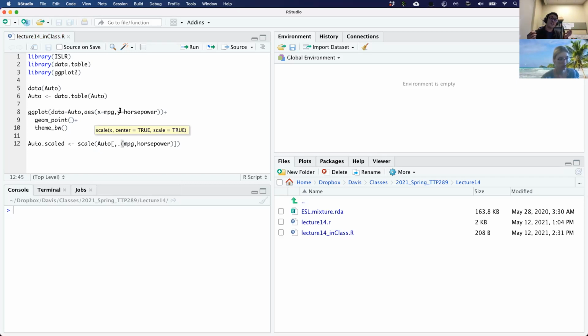Because the clustering is based off of Euclidean distances, in the cases where you care about the relative distances between each of your variables, you're going to want to normalize or scale them so that they are equally weighted across variables.